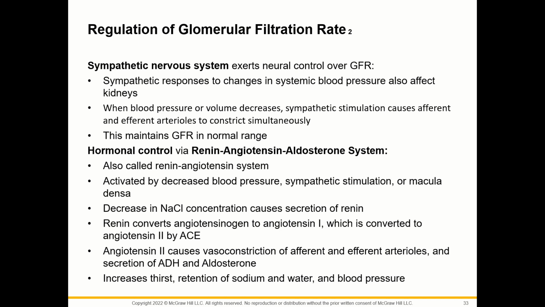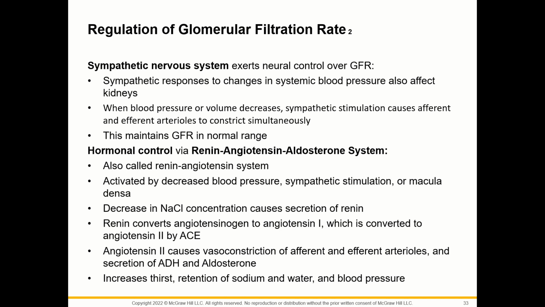Next is hormonal control via the renin-angiotensin-aldosterone system. This is also called the renin-angiotensin system. It is activated by decreased blood pressure, sympathetic stimulation, or the macula densa. The decrease in sodium chloride concentration causes the secretion of renin.